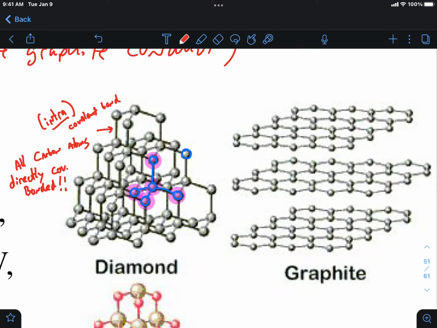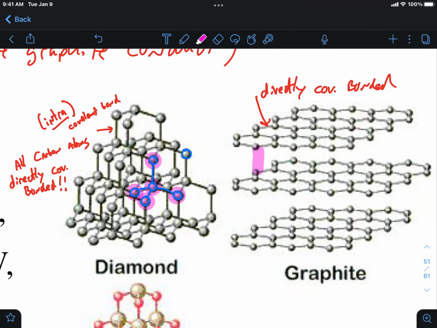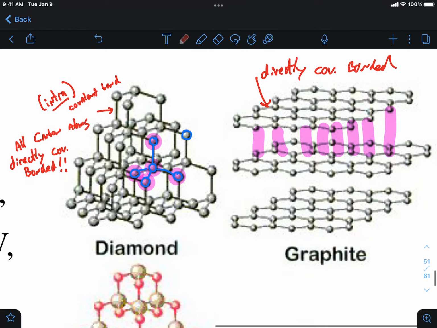So this sheet of carbon atoms is directly covalently bonded, like these sheets here. These are all bonded to each other. But the problem is these sheets are not directly covalently bonded to each other. Instead, they are held together by weak dispersion forces.